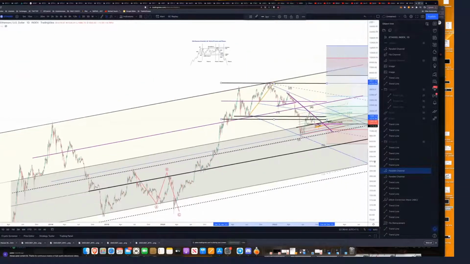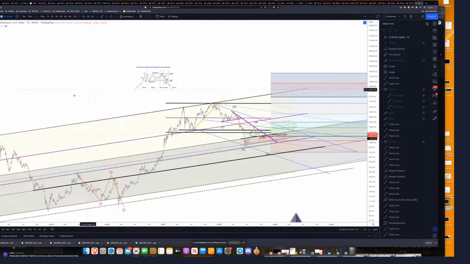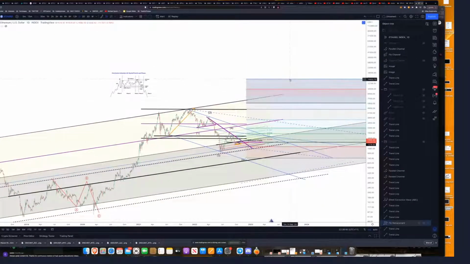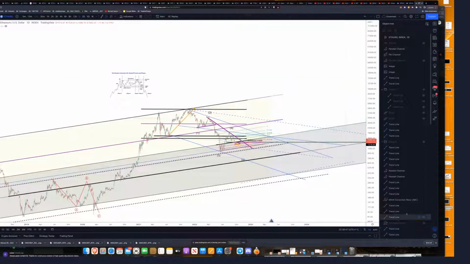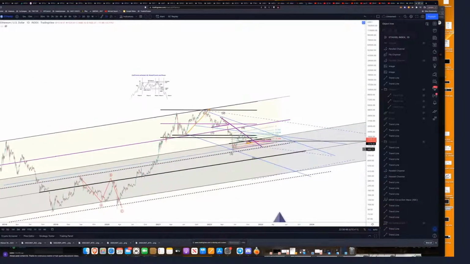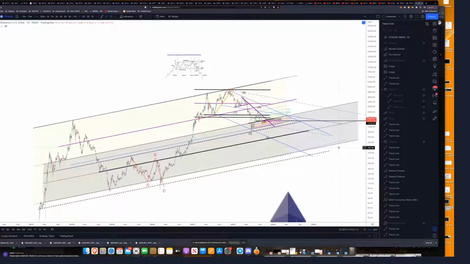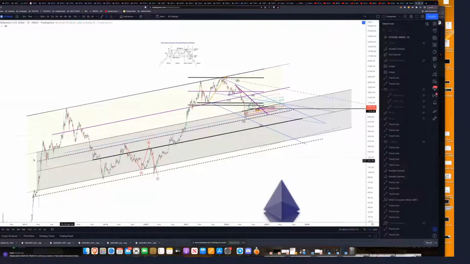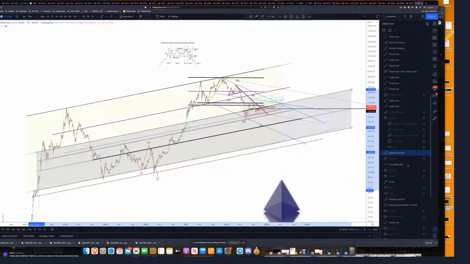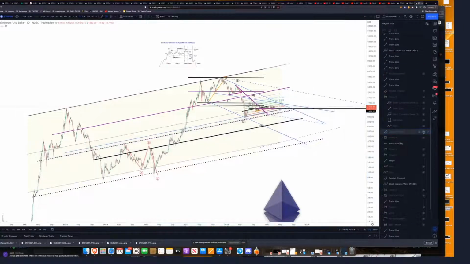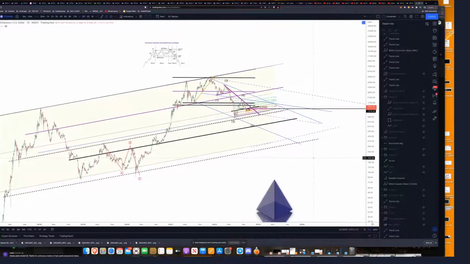Let's see where they are. Oh, here we go. I did that to see where it's likely to go. If you look at Ethereum, it's similar to Bitcoin, just a big channel to the upside. And I'm thinking this is wave 3 to 4. Wave 5 could probably still come down to this level, somewhere around here, if I'm looking at this model.